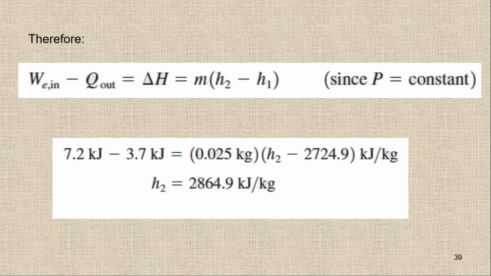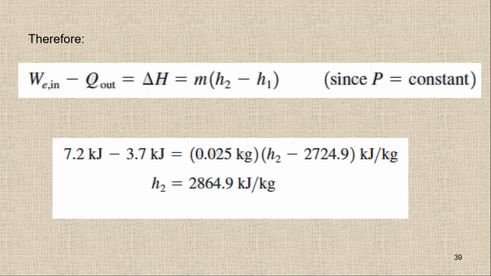Now the problem is how we can find the temperature if pressure and enthalpy values are given. Again, as we know, H2 is more than H1 at the same pressure. So it means state number 2 is in the superheated state.